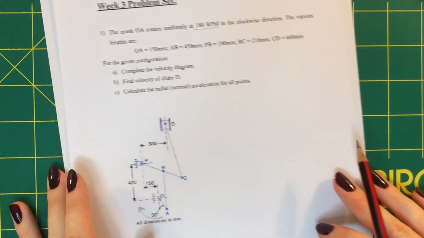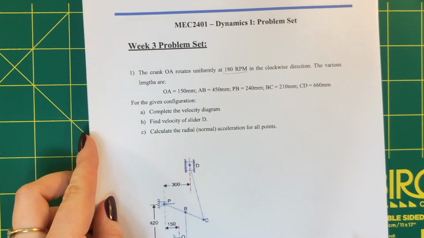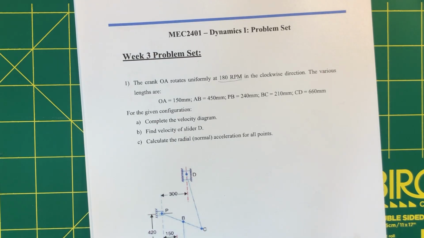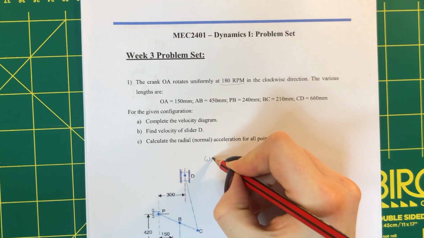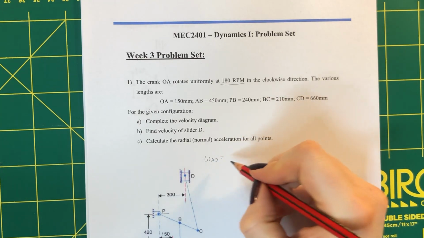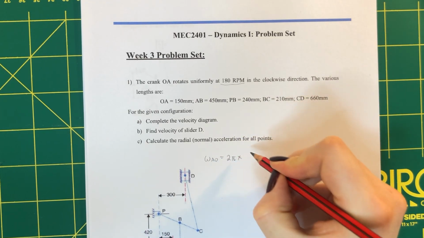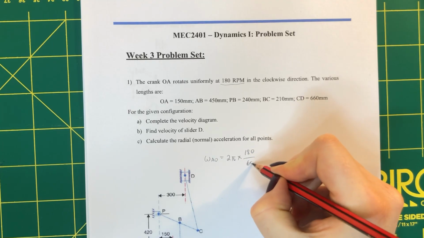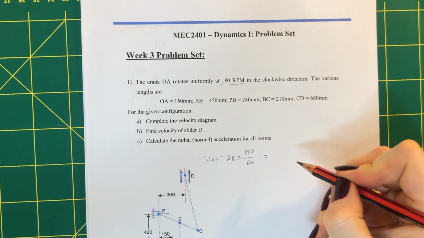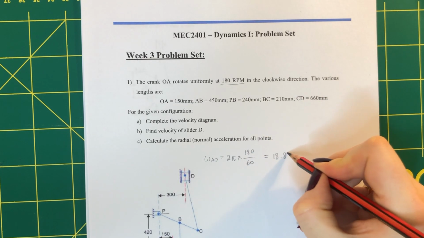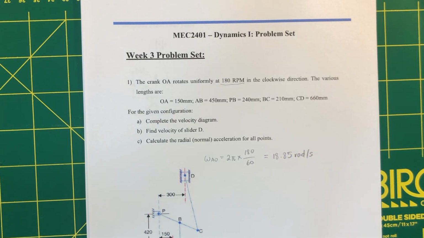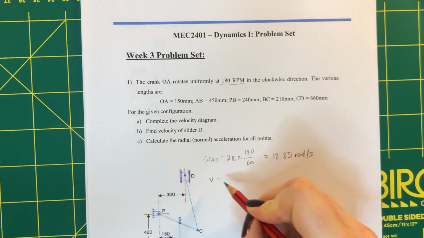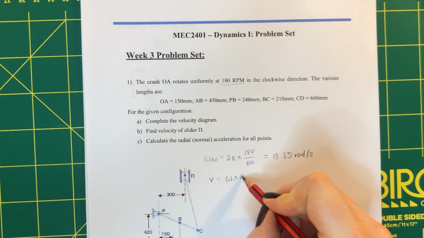Our first step will be to convert 180 RPM into something that we can draw on the diagram. Let's convert to angular velocity of AO, which will be 2 pi times 180 on 60. If you do this calculation, that is 18.85 radians per second. Now we can convert this to velocity because velocity is angular velocity times the radius.